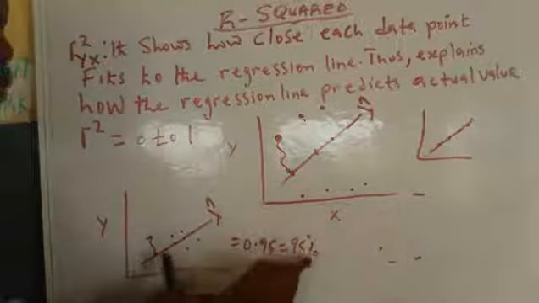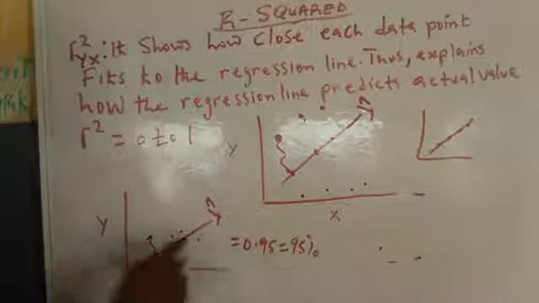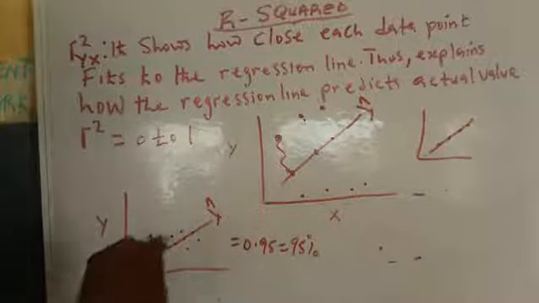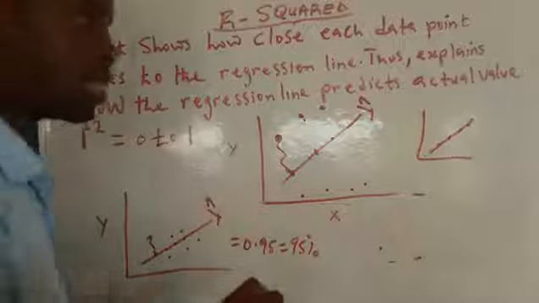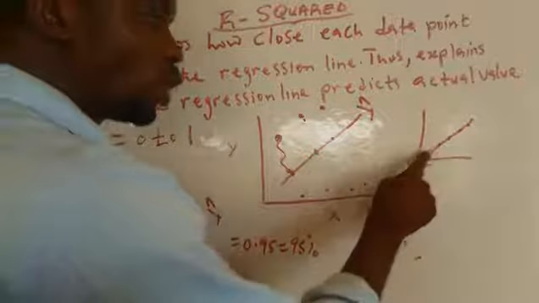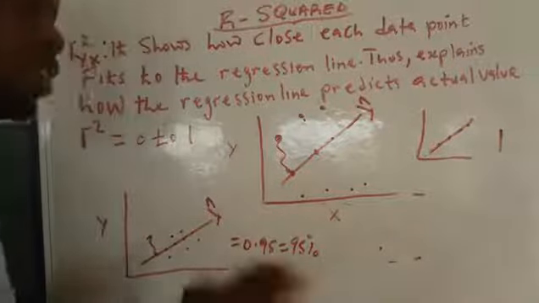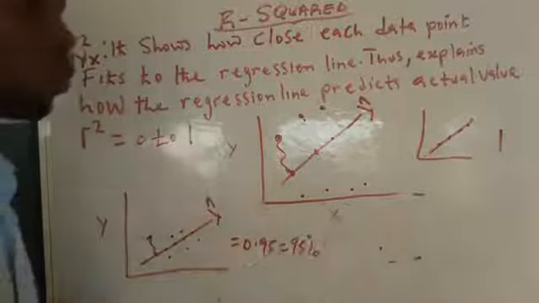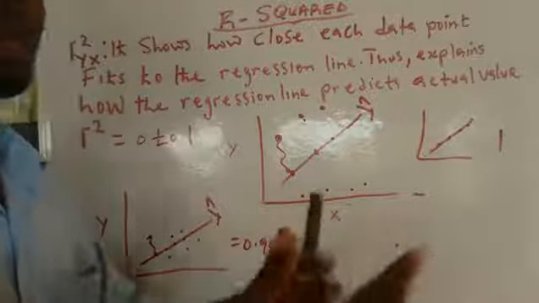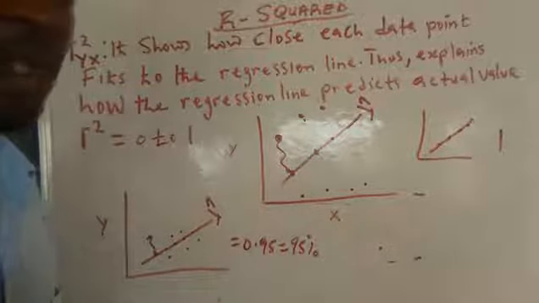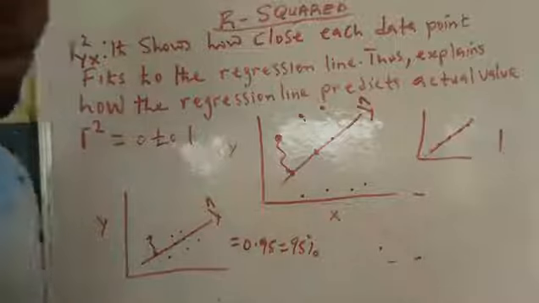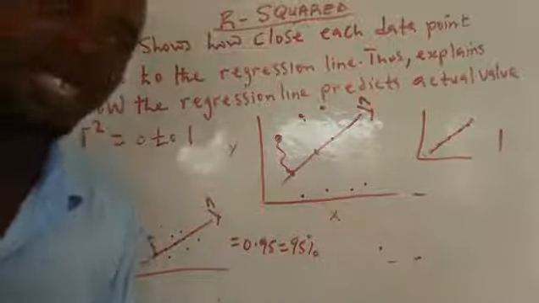How close that value is to 100% will tell you how good the regression line is to predict the Y. And when your answer is 1, that means it's just perfect. But when it's 0.05, 0.0 something, you have to be very careful in using that to predict Y in any kind of phenomena.